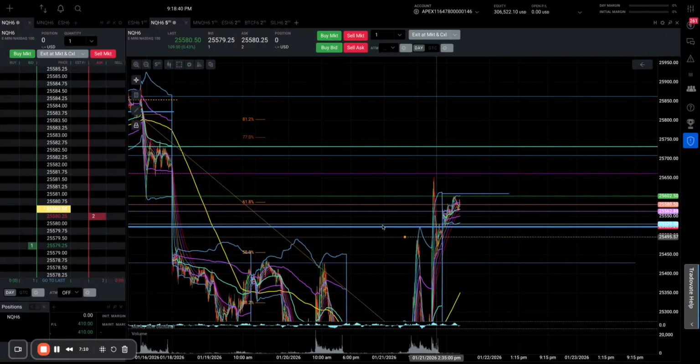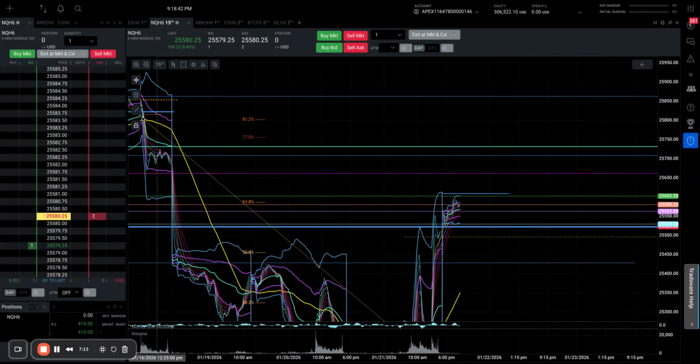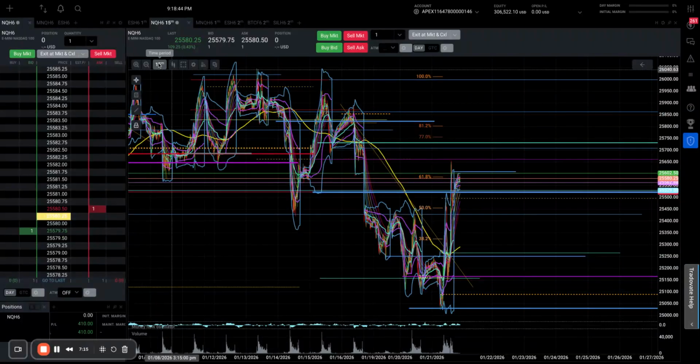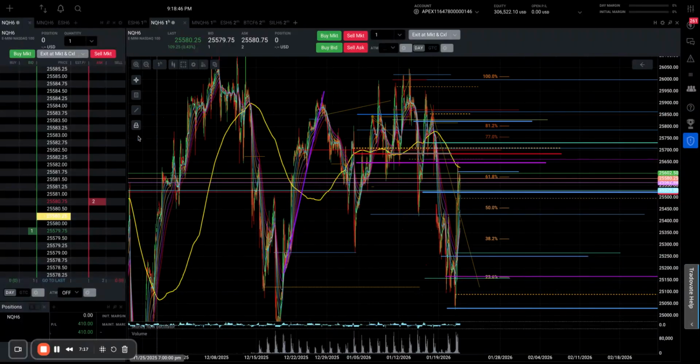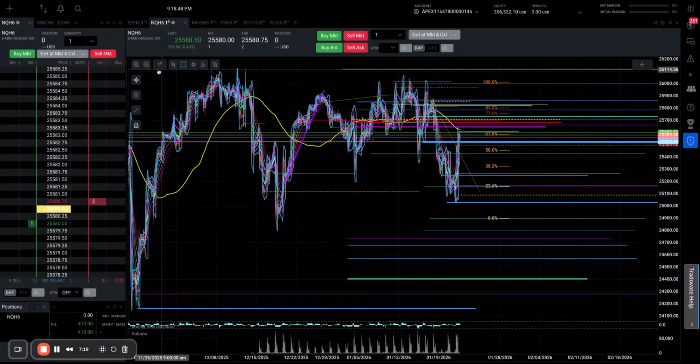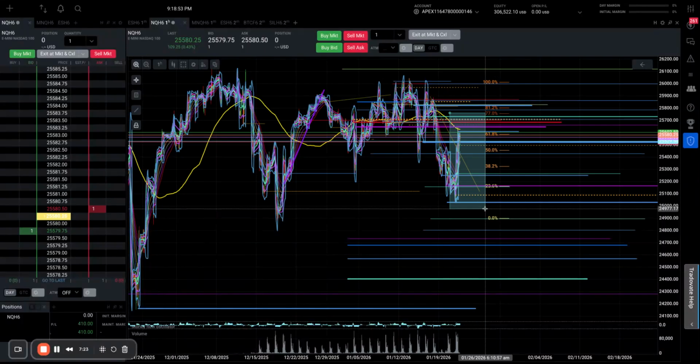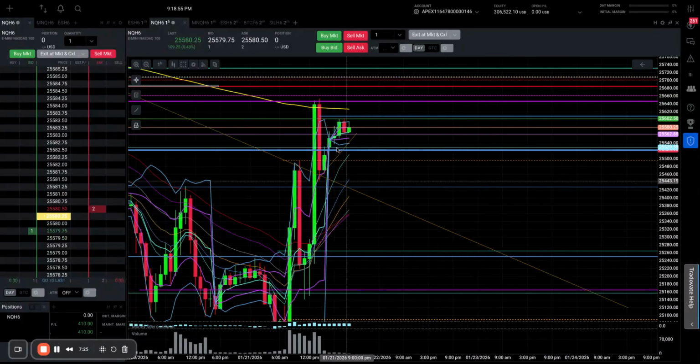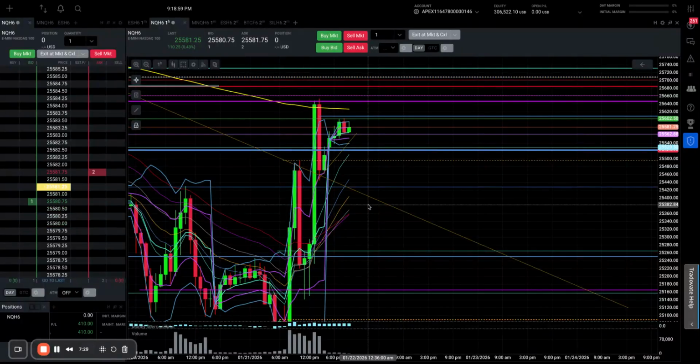And if you look at today, I believe on the 15-minute, I think it was, there it is, on the hourly chart, guys, you can see where we finally hit this resistance right here on this yellow 200 EMA.